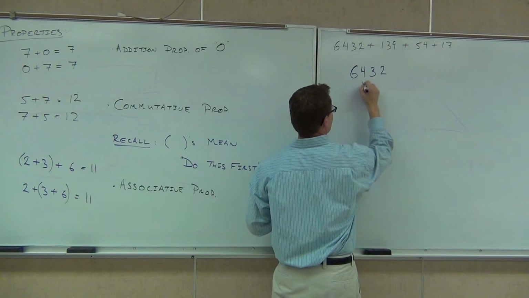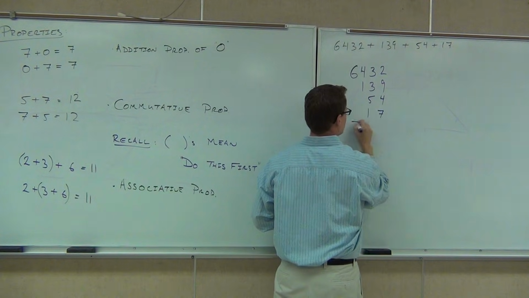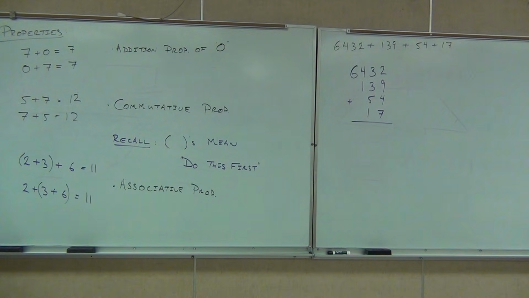So if we do lines up vertically, as long as we keep our place values intact, we're good to go. Can you do that for me? Let's work on that one.